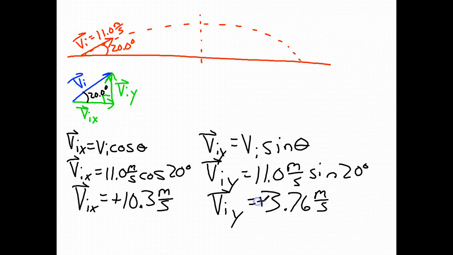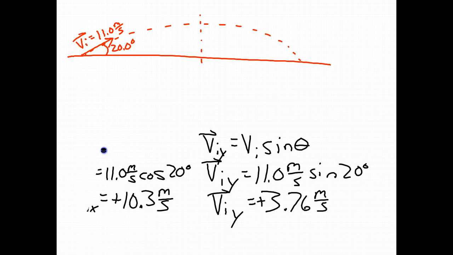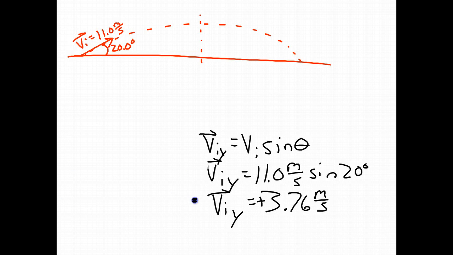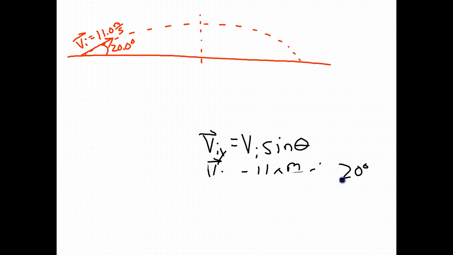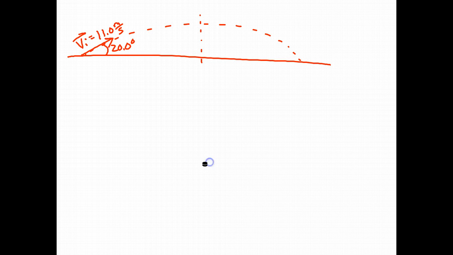Now that's also going to be positive. The reason it's positive is because we have a positive 20-degree angle. That means you're launching up, and you're also launching to the right. Okay, I'm going to erase that now, make a little room here. As I'm erasing this, you notice that there's 3 sig digs on both VIX and VIY.